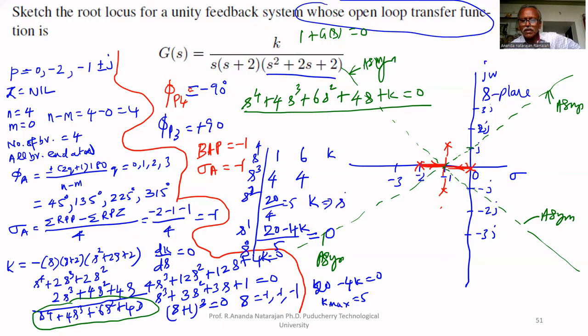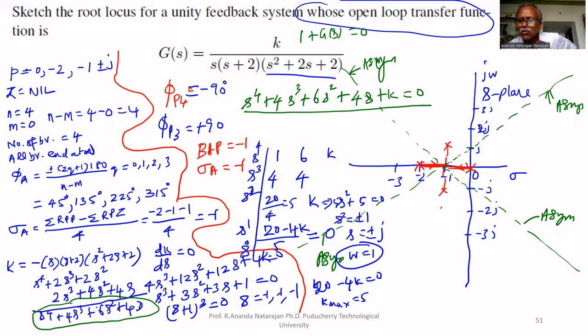This implies 5s square plus 5 equal to 0, or s square equal to minus 1, s equal to plus or minus j. Therefore, omega equal to 1. So the root locus also cuts at plus j and minus j.